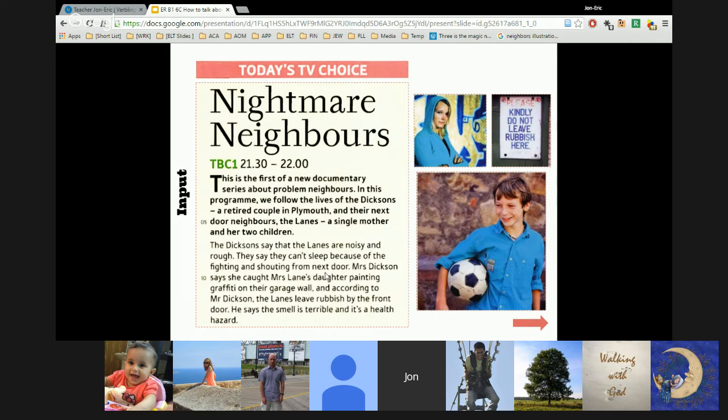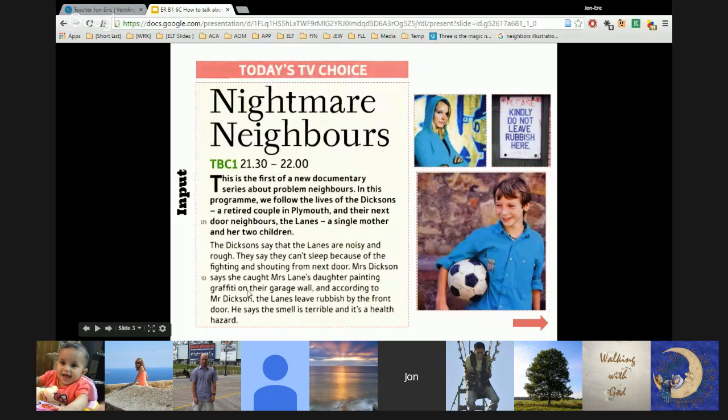Mrs. Dixon says she caught Mrs. Lane's daughter painting graffiti on their garage wall. And according to Mr. Dixon, the Lanes leave rubbish by the front door. He said the smell is terrible and it's a health hazard.